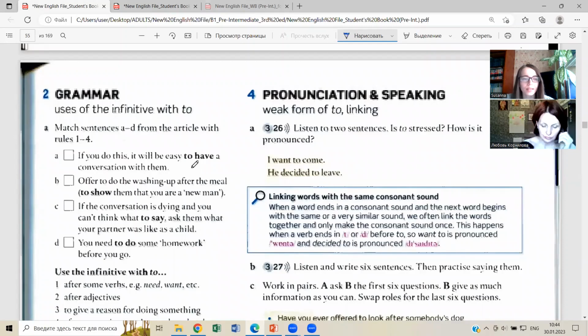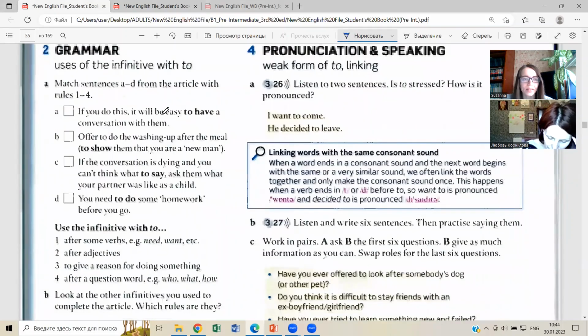You see here in part A 4 sentences from the article that we have read and rules of the usage of the infinitive from number 1 to number 4. So let's match the sentences with the rules.